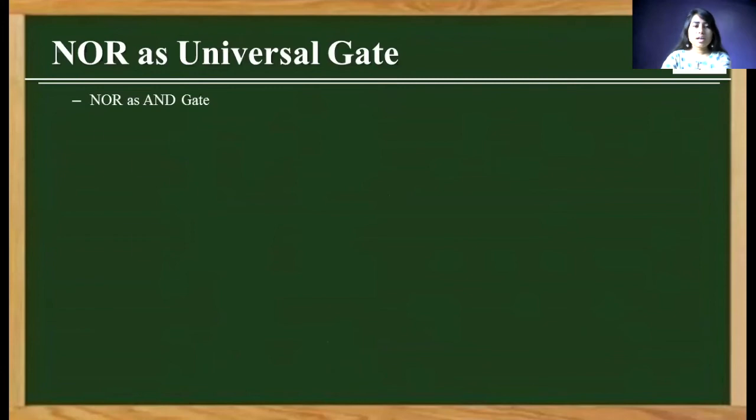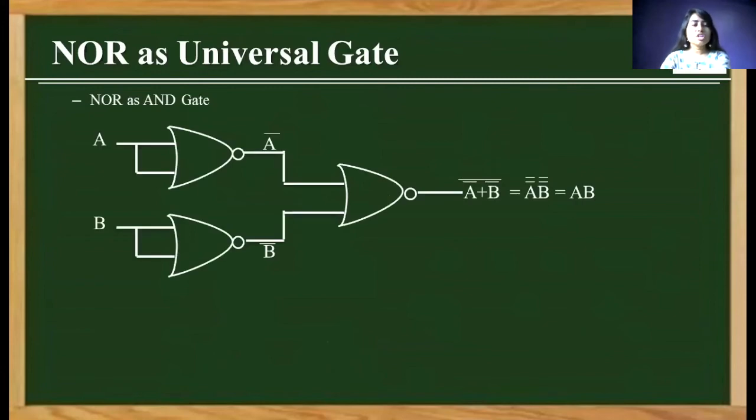NOR as an AND gate. So to implement the AND operation, we require three NOR gates. Here first, for the first NOR operation, A becomes A dash and B becomes B dash. Using these two NORs, we can invert our input condition. That means here A dash and B dash. Then again, these are given to another NOR gate as input.